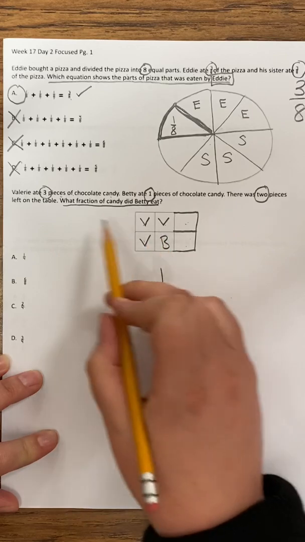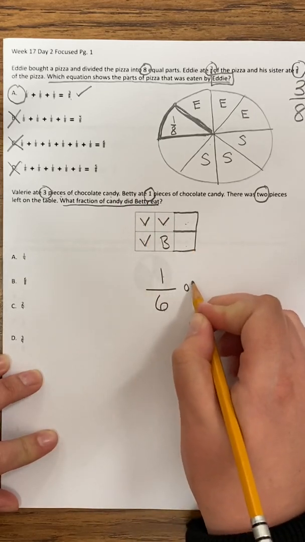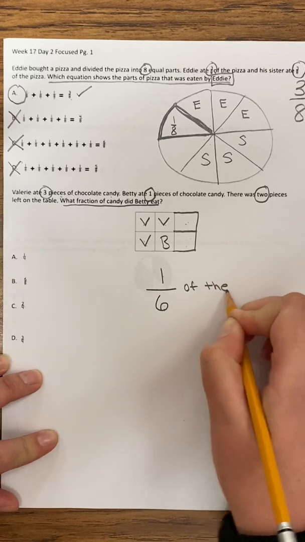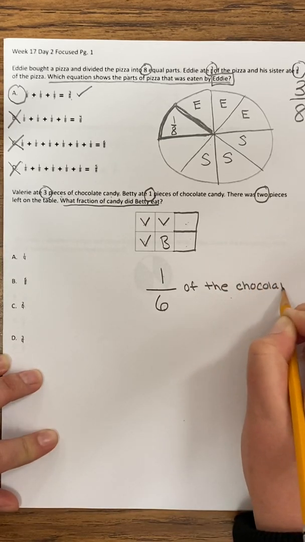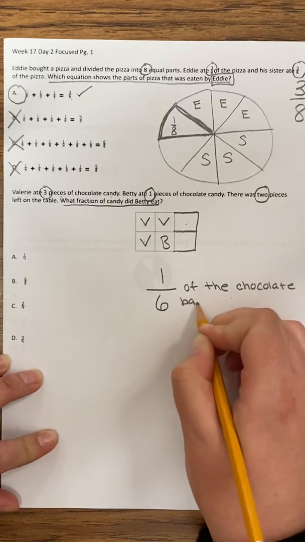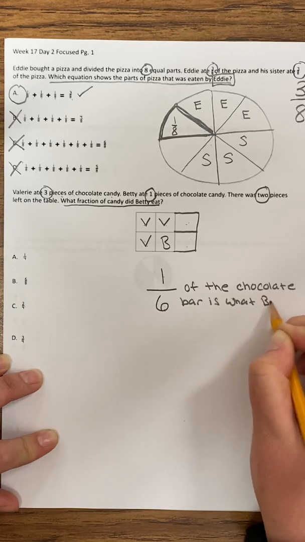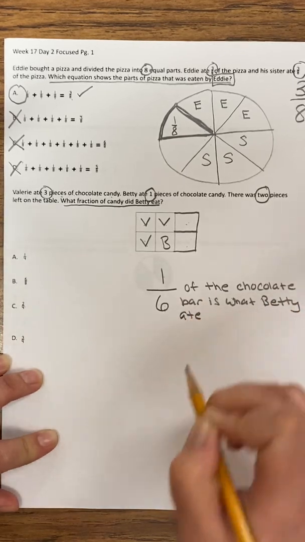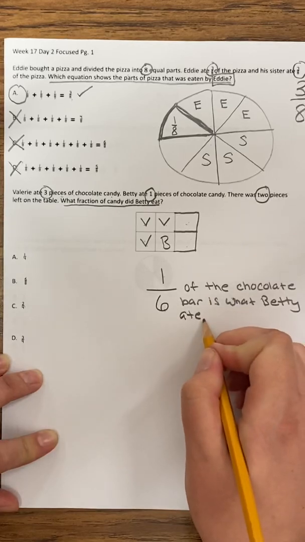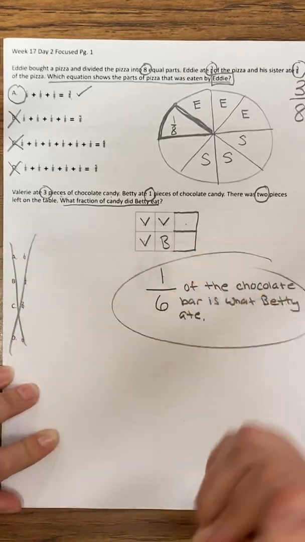Let me make sure I say this right: 1/6 of the chocolate bar is what Betty ate, because "ate" is past tense. Okay, and that is our answer. We're just going to cross those out.